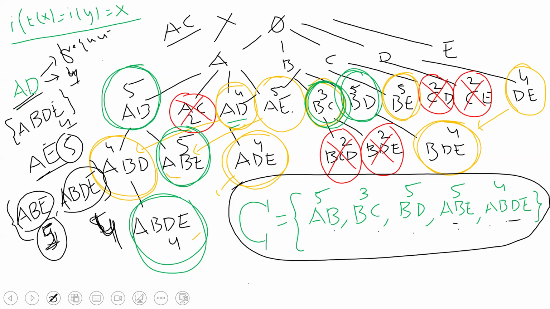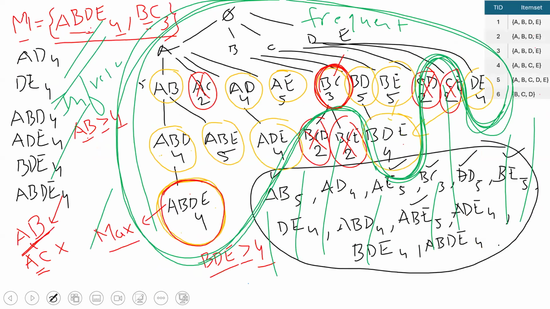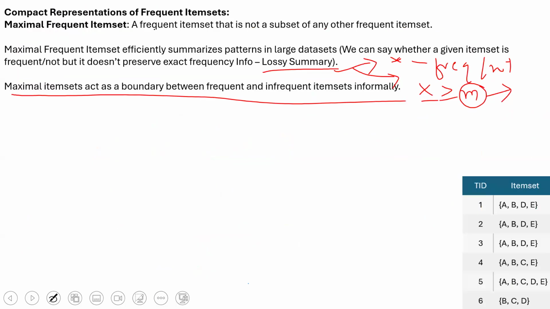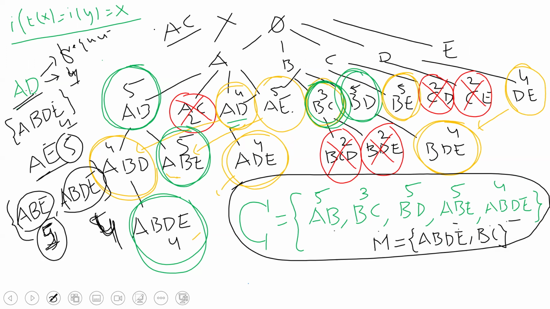So if you look at this, let me write the maximal item sets here. What are the maximal item sets that we have got? ABD is a maximal item set and BC is a maximal item set. So that is what we have got here, right? ABD and BC. From this, what you can say is that the maximal item sets are a subset of the closed item sets, which are a subset of the item set space.